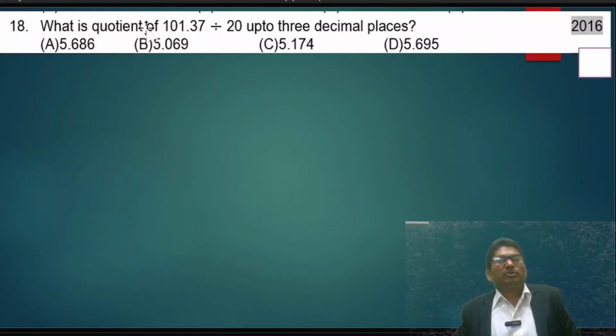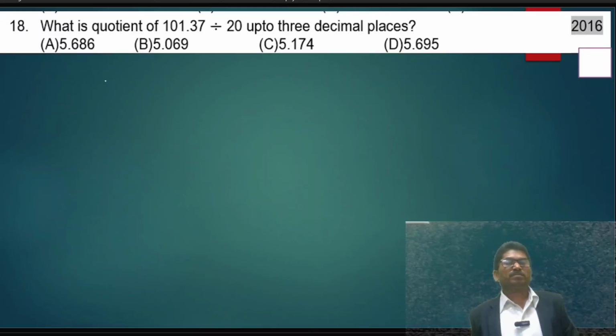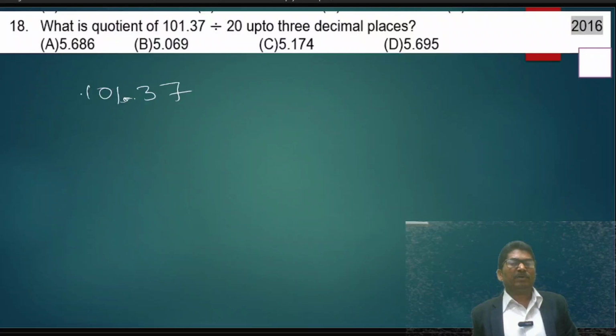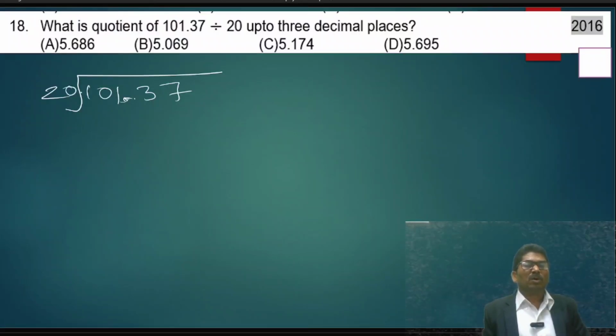18. What is the quotient of 101.37 divided by 20 up to 3 decimal places? To find 3 decimal places, we must divide this number, 101.37, by 20. 5 20s are 100. 1.